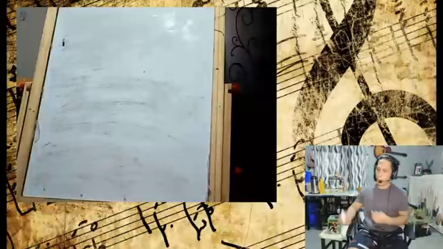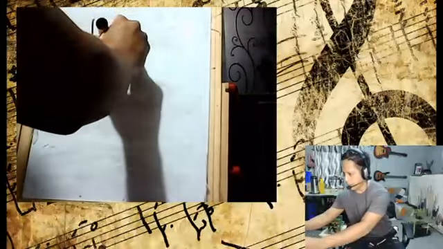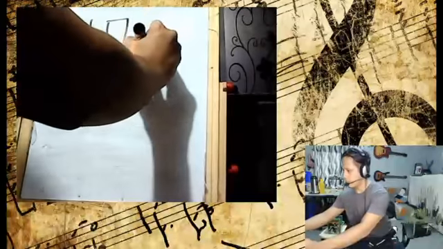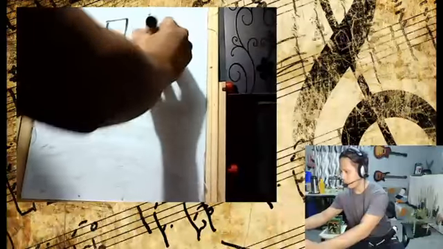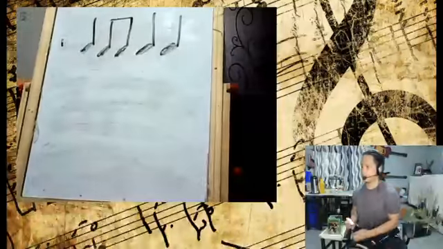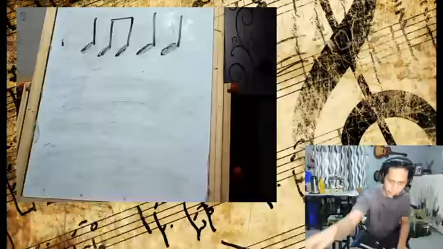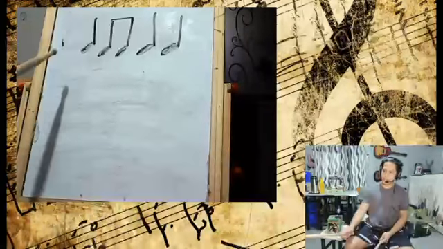For instance, I'm going to write some notes here. All right, so I have some notes here. If I play it through my drum, this will sound like this because this is a quarter note.